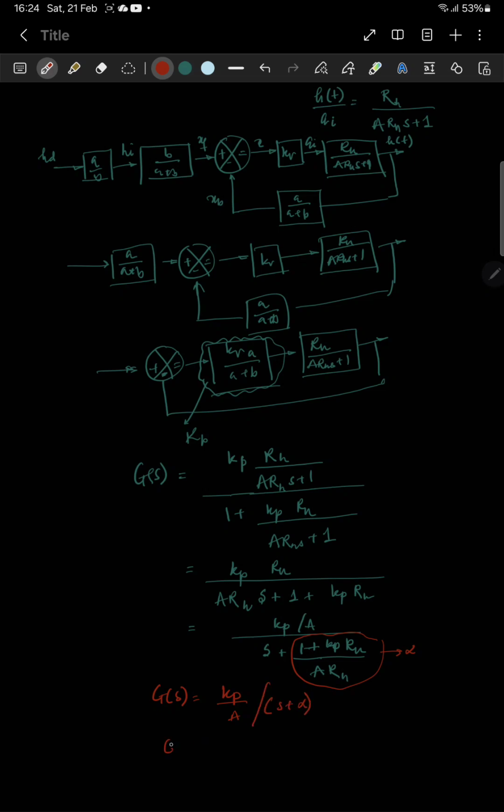Now we can say that this is h(t) by hd(t) is equal to Kp by A e to the power of minus alpha t. Alpha is also known as tau, which is the time constant.